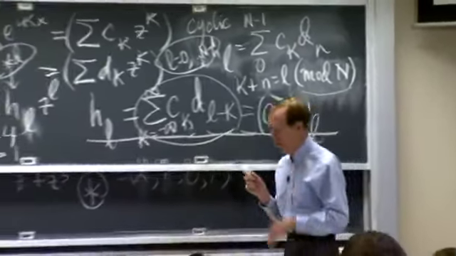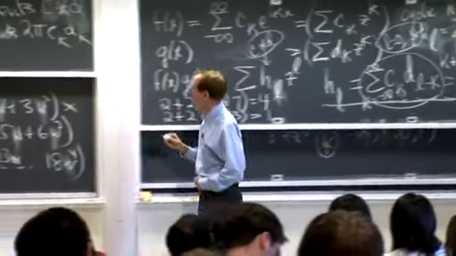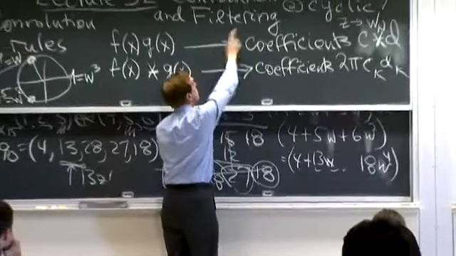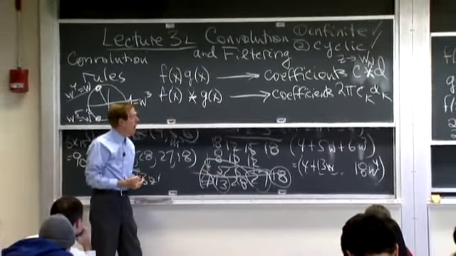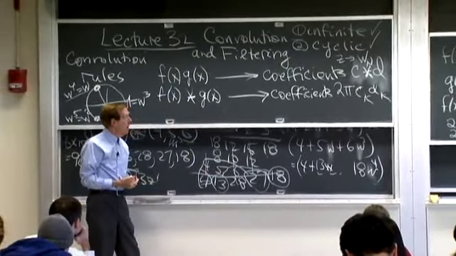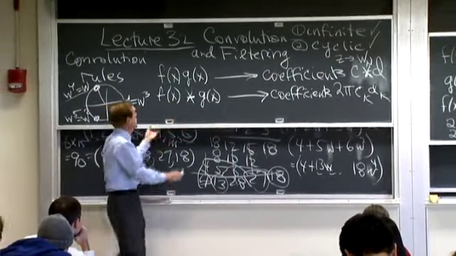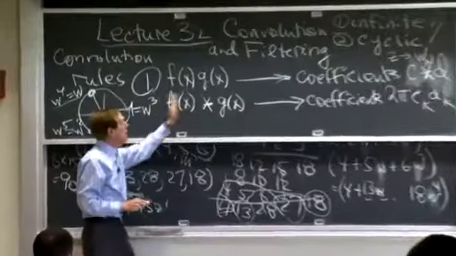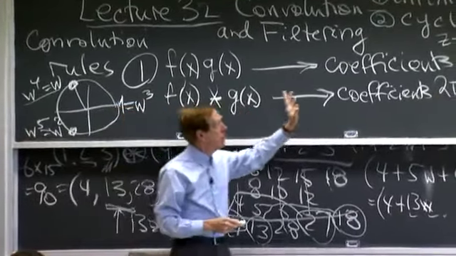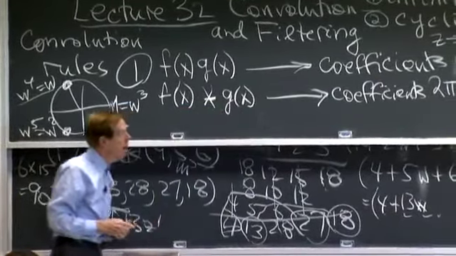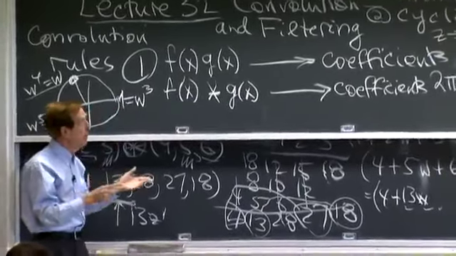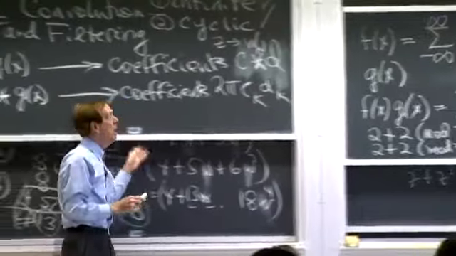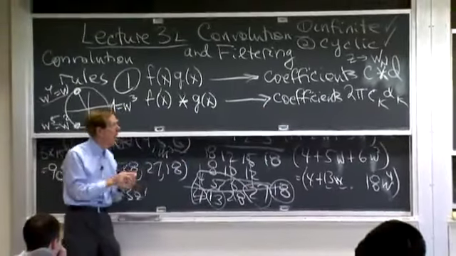Okay, so we'll have more practice with examples when we do some filtering. Have you got that fundamental rule? We've talked about this rule 1 here. f times g goes to those coefficients. And if it's the cyclic case, then I put a circle around that star and I do the wraparound.